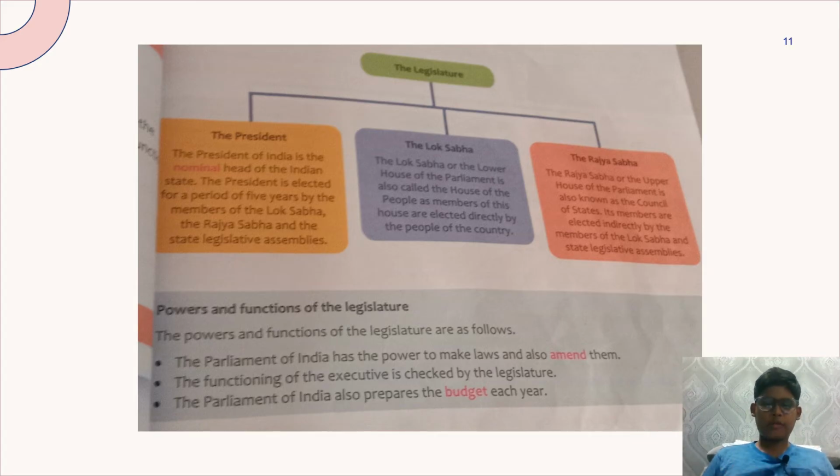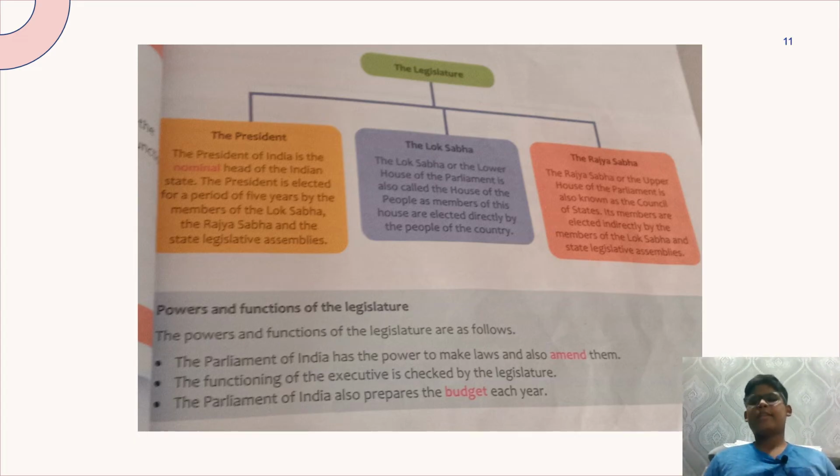The president of India is the nominal head of the Indian state. The president is elected for a period of 5 years by the Lok Sabha, Rajya Sabha, and the SLAs (state legislative assemblies).